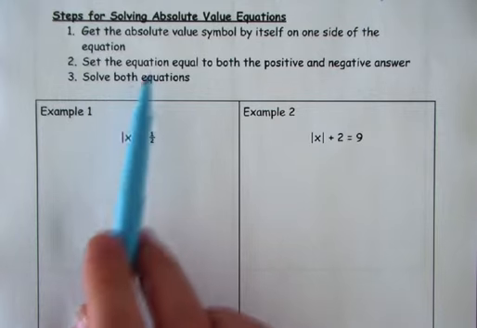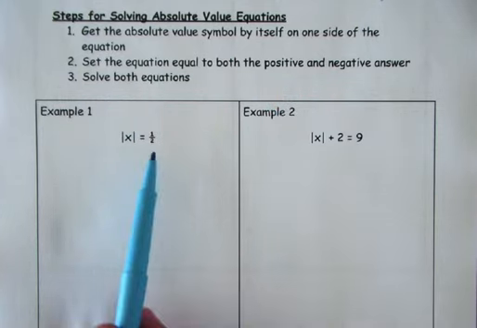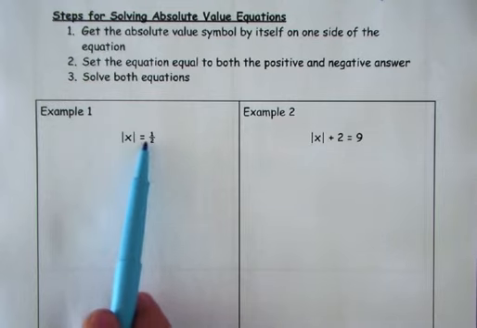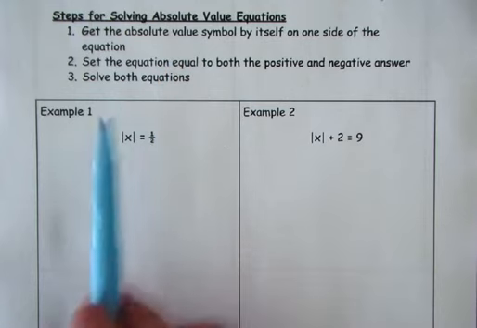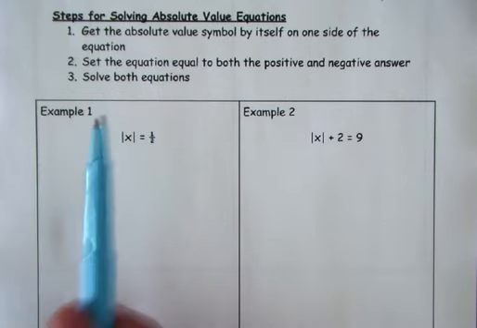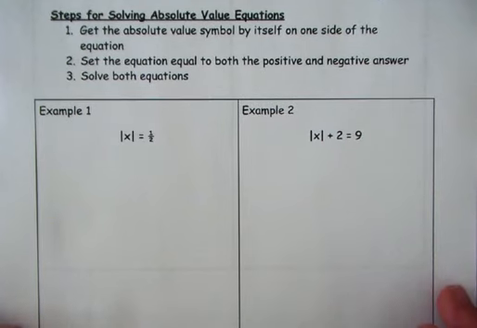Then you're going to set the equation equal to both the positive and the negative answer on the other side of your equal sign. And then finally, you're going to solve both of those equations. Let's practice it, because practicing is going to help us understand this most easily.